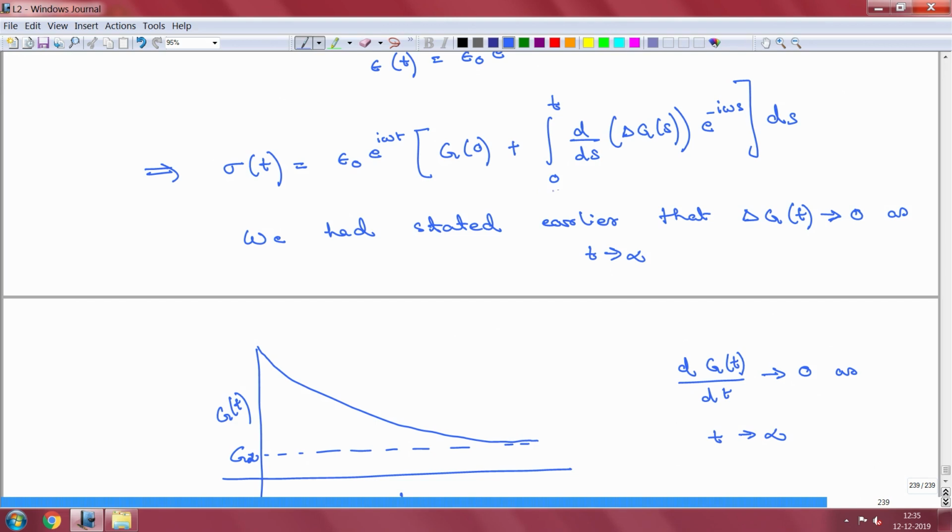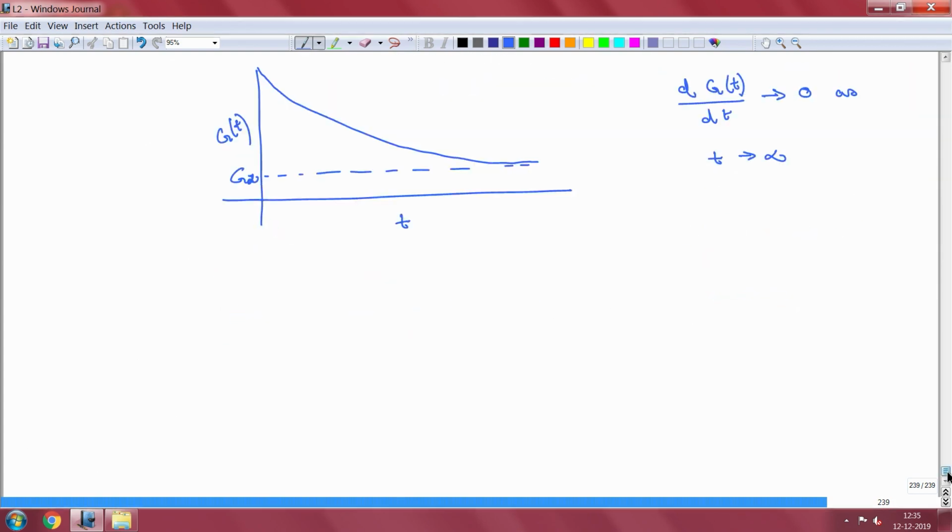So, we are going to do this integration such that this 0 to t, this t will be replaced by infinity, right. In that case, assuming that all the integrals do converge, okay, so that assumption is also there.